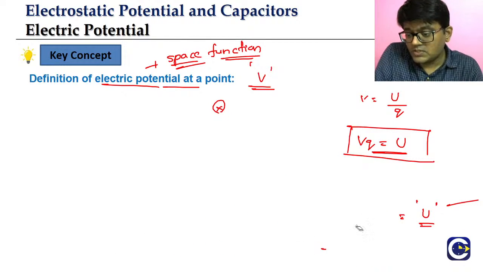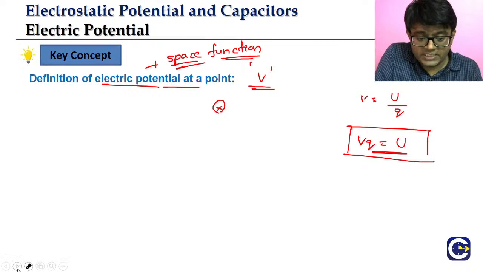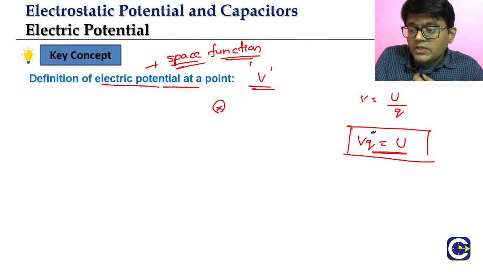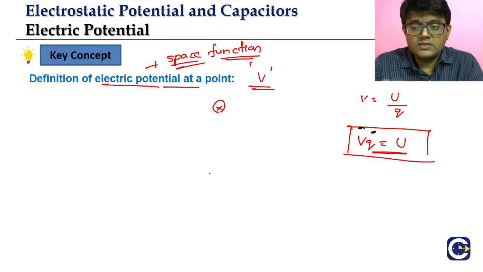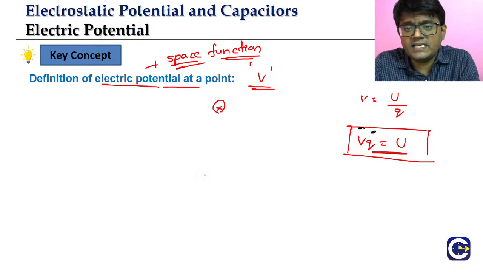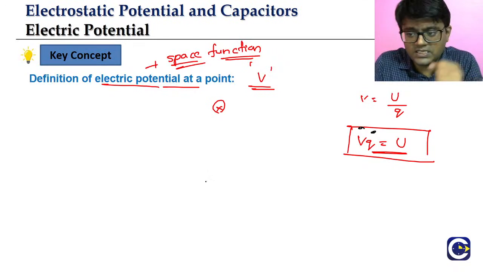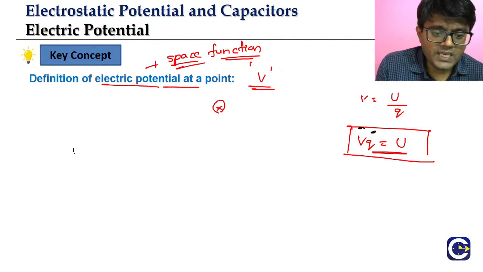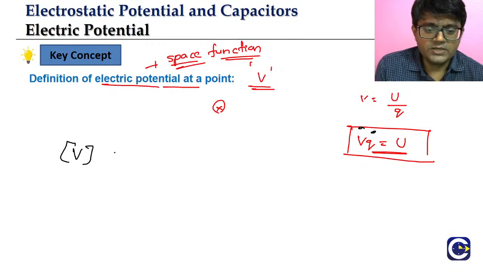We have a formula: the potential energy acquired by a charged particle will be equal to what? Q times V. From this we should get the SI unit as well as the dimensional formula.